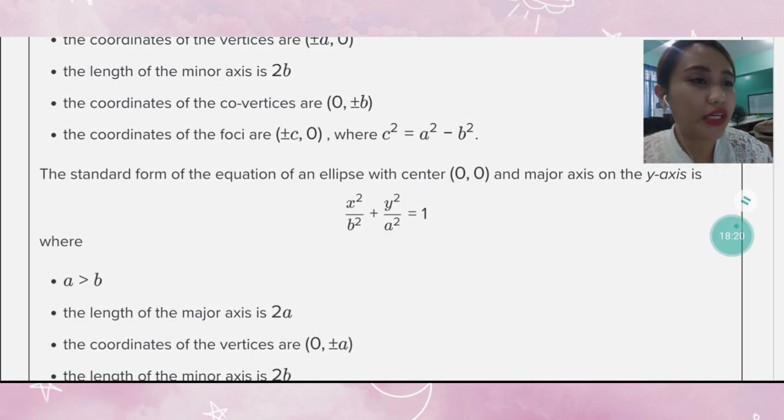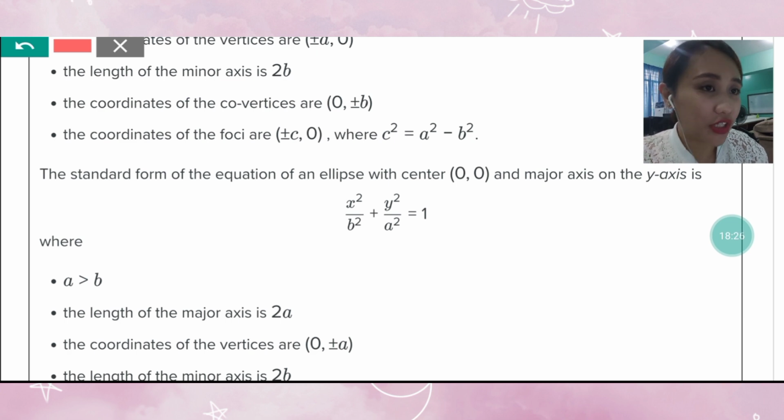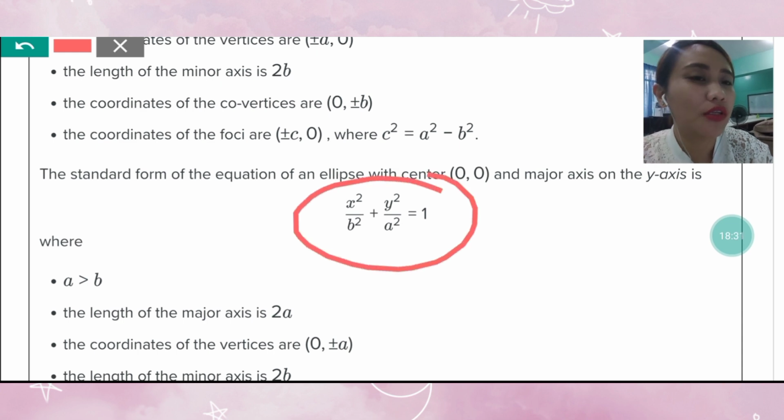Next, we have the standard form of the equation of an ellipse with center 0, 0 and the major axis on the y-axis. Earlier, the orientation was horizontal. This time, the orientation is vertical. If you take a look at the equation, look at the difference.